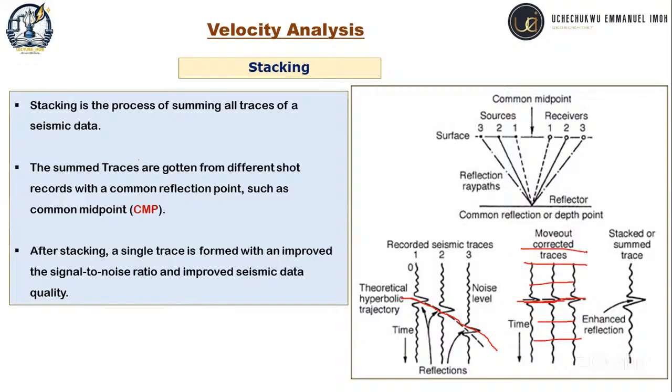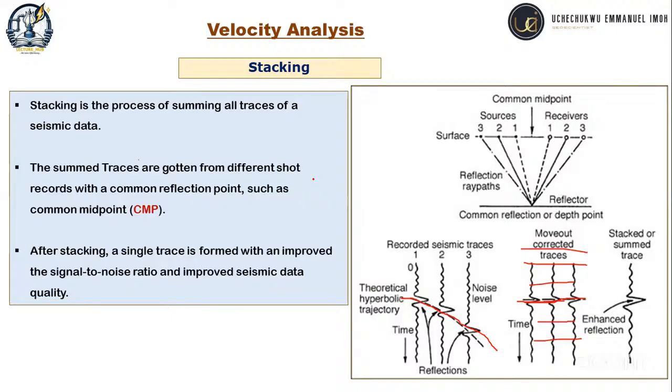So stacking means you're gathering all the CMP gathers and producing one single super trace, which is your stack section. It is a summation of all the traces in your seismic data, producing a single cross-sectional view of the subsurface.